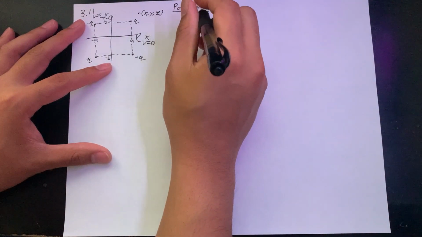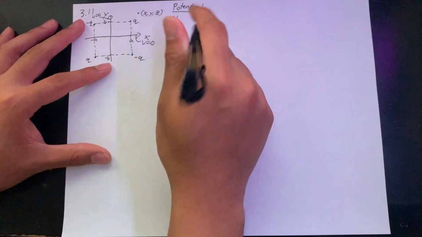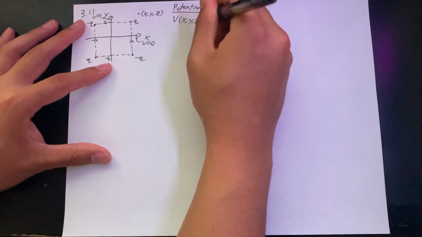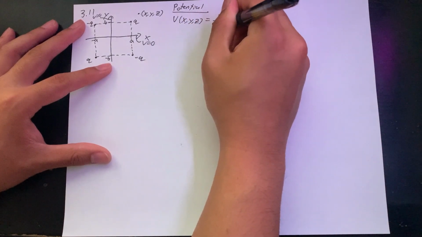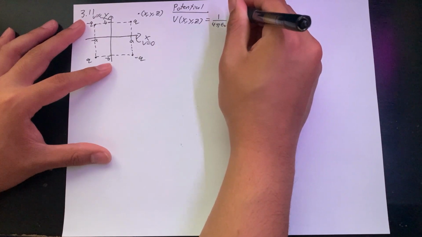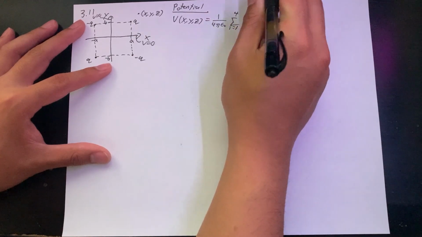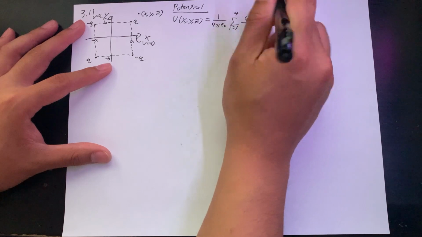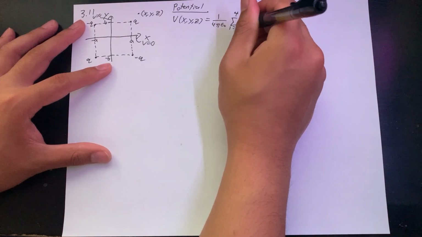Alright, so we know the equation for the potential from many point charges is as follows: 1 over 4 pi epsilon naught times the summation over all the point charges of the charge over the magnitude of the separation vector.